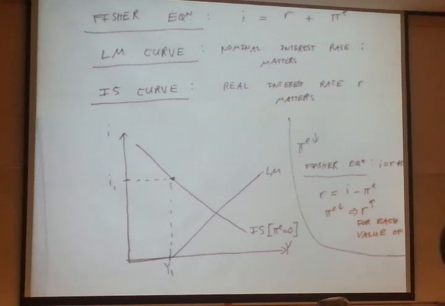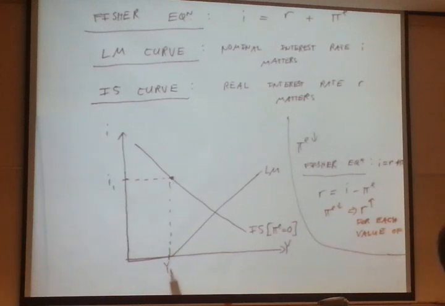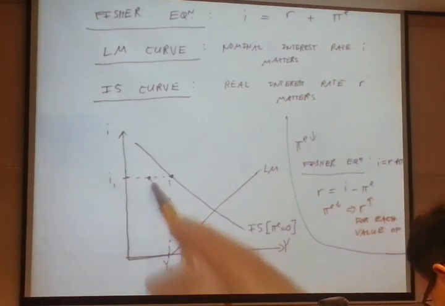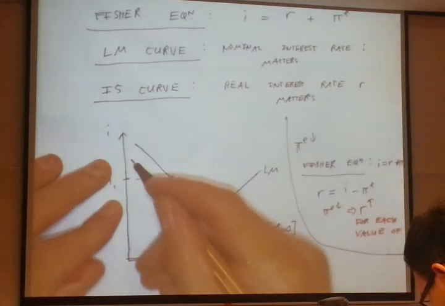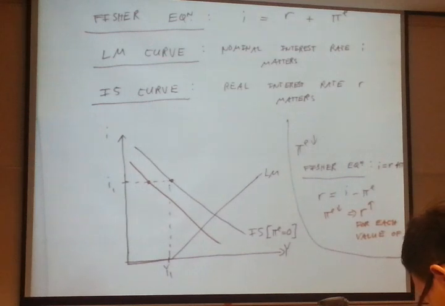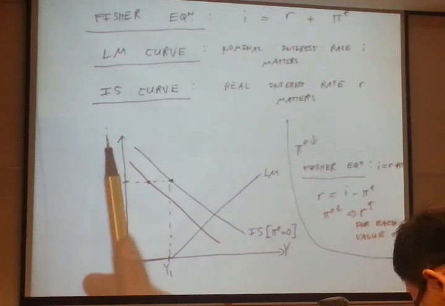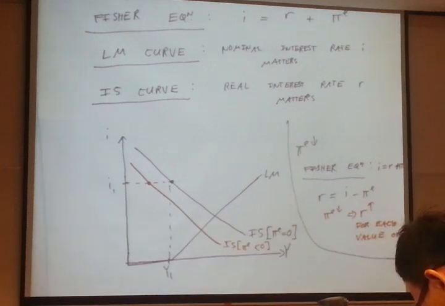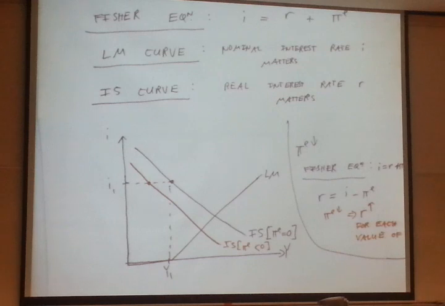So what will happen to demand? Will it be larger or smaller than Y1? It's going to end up being smaller. So the IS curve drawn on a set of axes with the nominal interest rates there, that shifts left when people expect deflation. Shift right if people expect inflation.